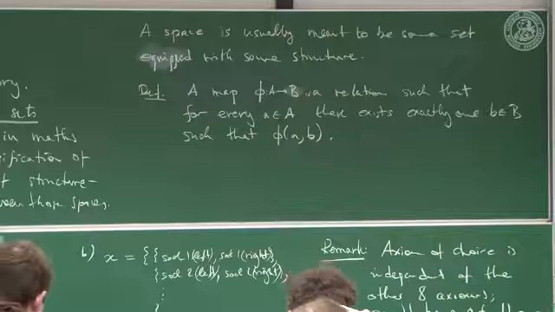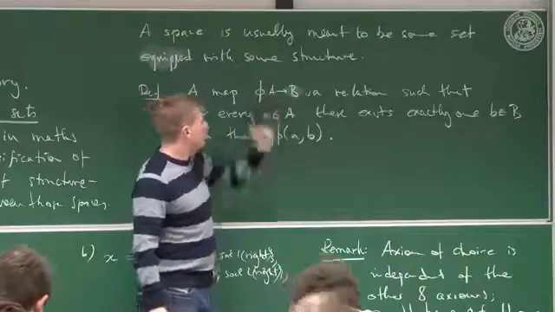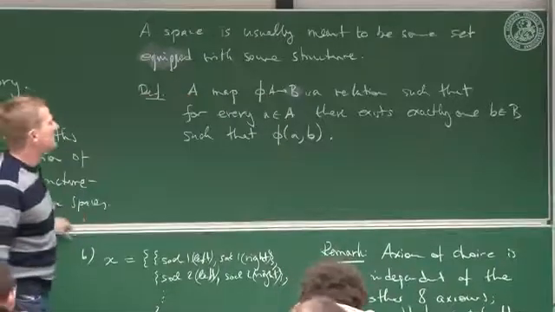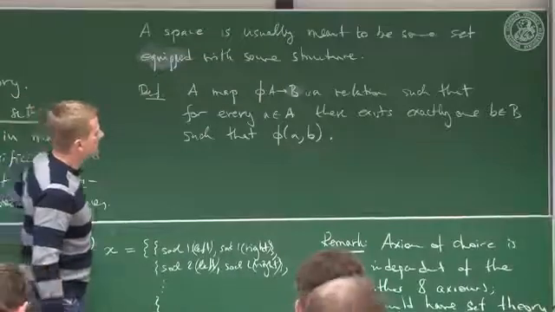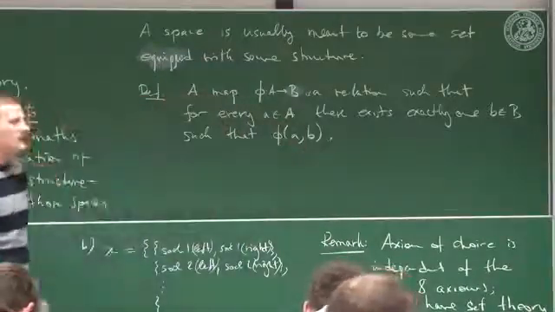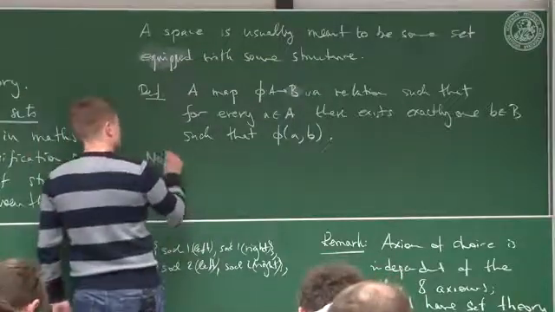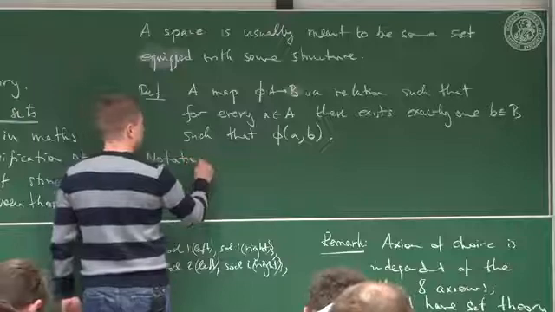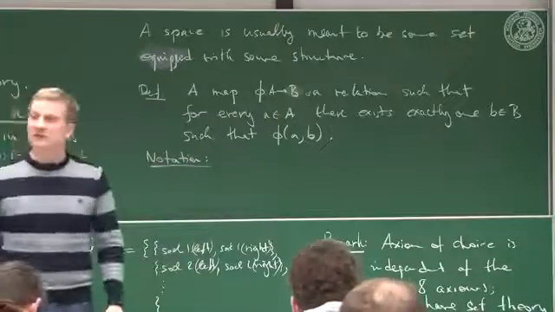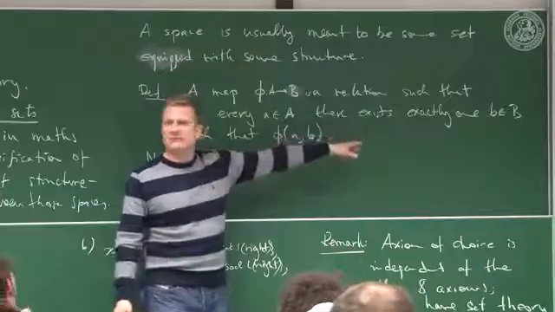You remember, a relation of two variables can be true or false, and if A and B are sets, then a map from A to B is such a special relation such that for every a there exists exactly one b in B. Now, our standard notation for this somehow hides the fact that phi is a relation, that it eats two variables and produces a truth value.